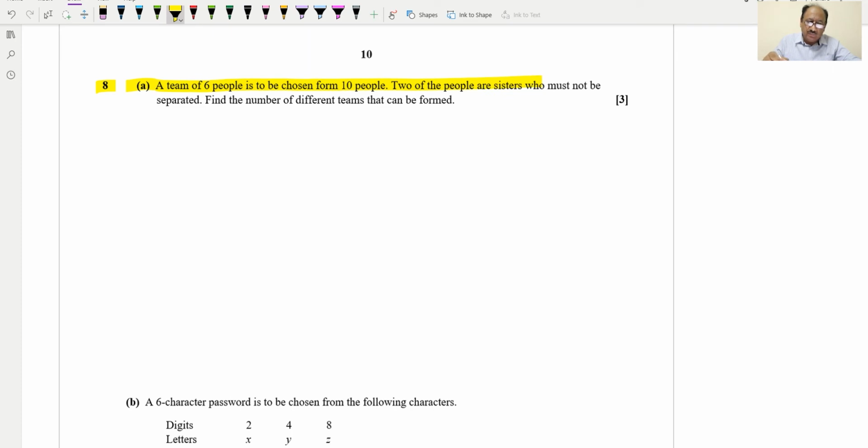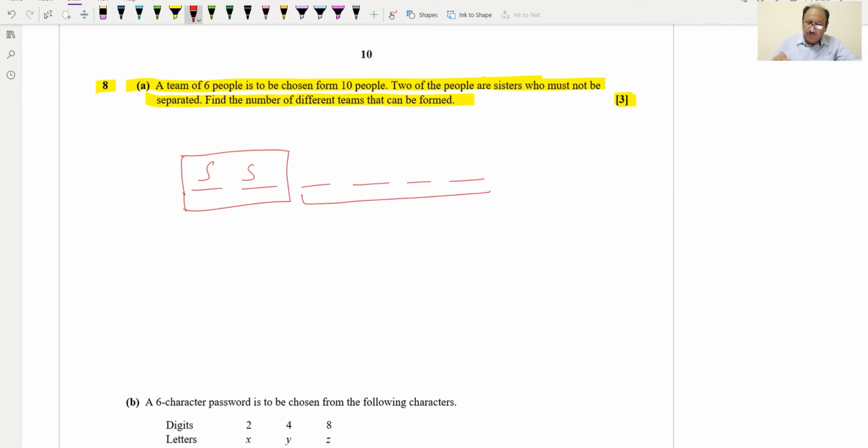Question number 8, and the 8 A part says a team of 6 people is to be chosen from 10 people. 2 of the people are sisters who must not be separated. Find the number of different teams that can be formed, and this is a 3-mark question. So the situation is, we have 6 places, and the 2 sisters we can fix over here, and the remaining are 4 places.